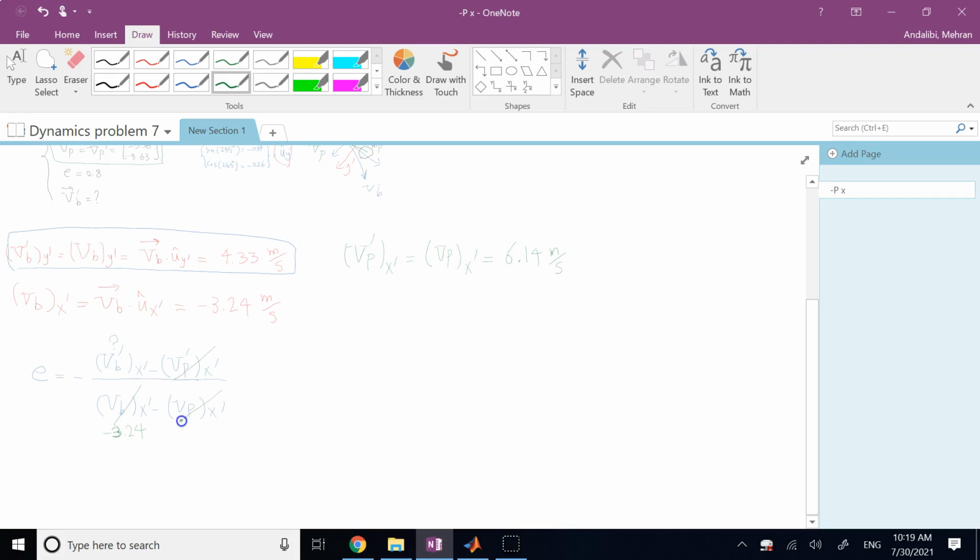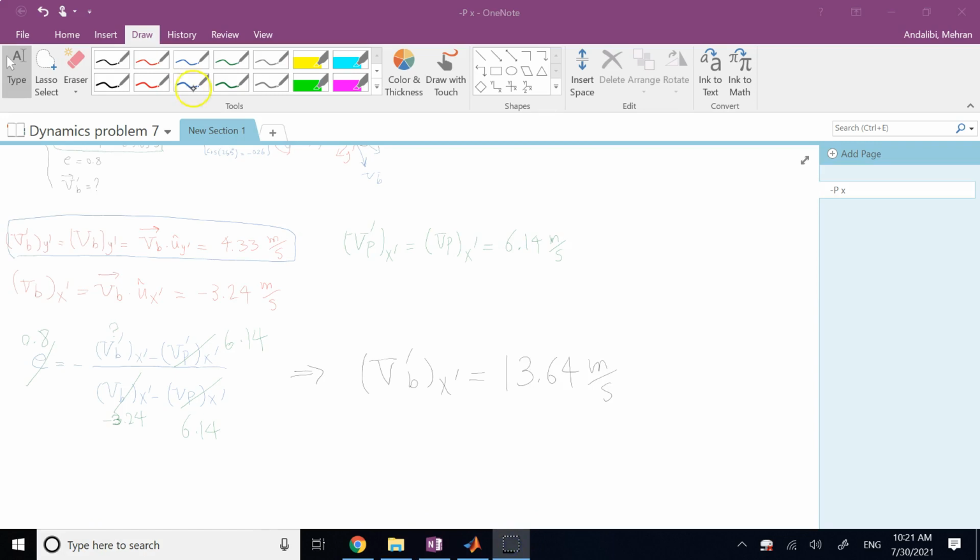Both of these guys are 6.14, and my E is 0.8. So the combination can give me velocity of the ball after impact along x prime, right? If we calculate it, here I calculated it, and the number is v prime b in the x prime is 13.64, and in the y prime it is 4.33.